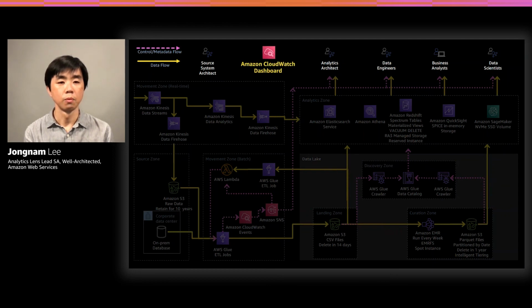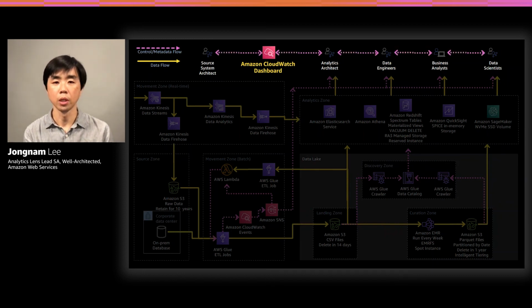As an example, you may think about putting in an Amazon CloudWatch dashboard and sharing the data dashboard with all the people, including source system architects, analytics architects, engineers, scientists, and analysts, so that all of them can watch the dashboard and see whether the data is arriving in a healthy manner.